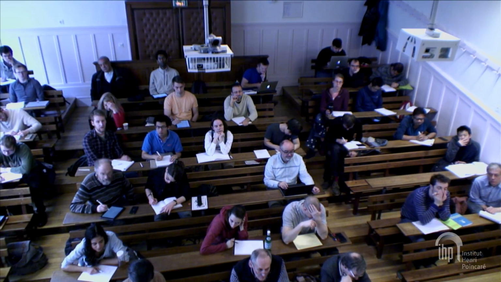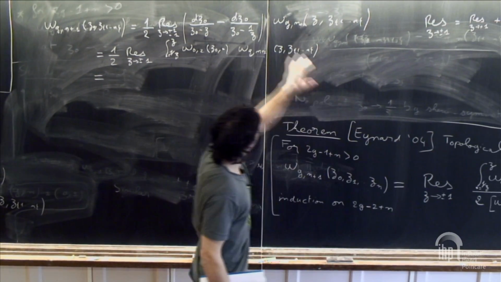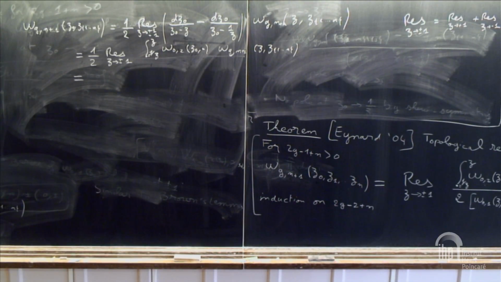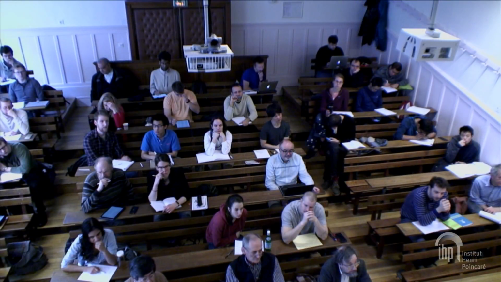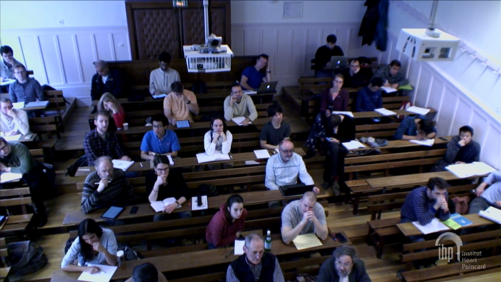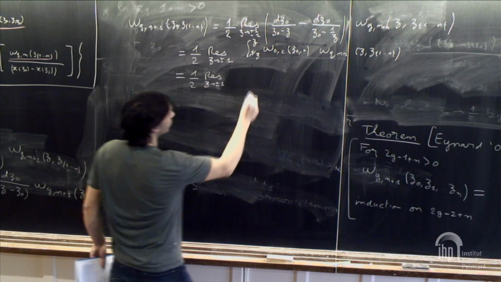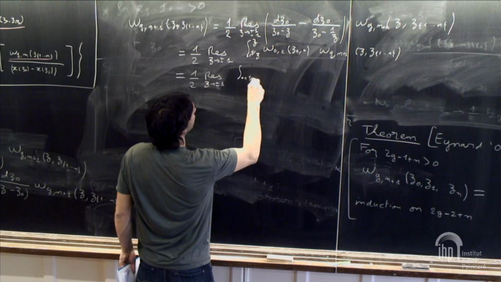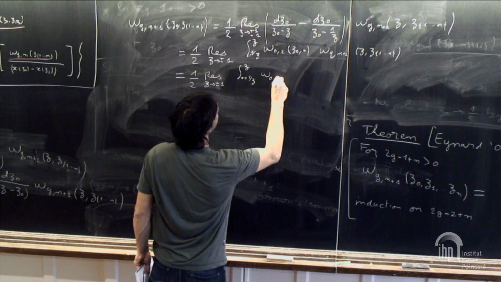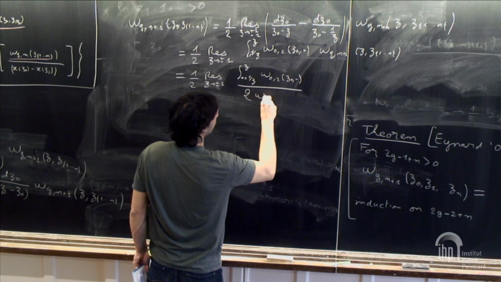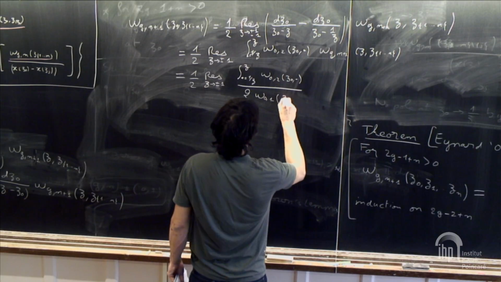I'm almost there, actually. So you see that I've got this integral here, which is this part. But I still have the object I want to compute. I don't have the result. But now I've got this equation. I take the 1 over 2 omega 0, 1 of z0 downstairs. It gives me 1 over 2 residue, z goes to plus 1 or minus 1, integral from 1 over z to z of omega 0,2 of z0 divided by 2 times omega 0, 1 of z.